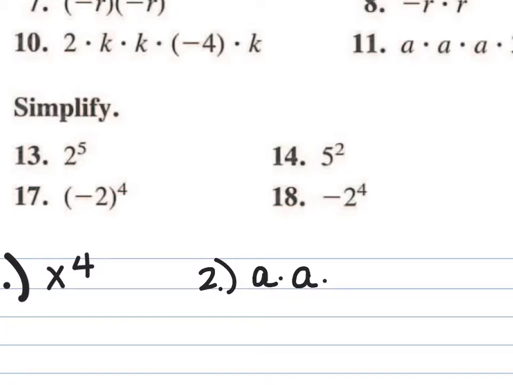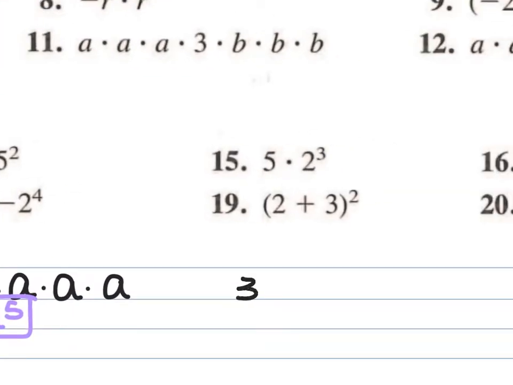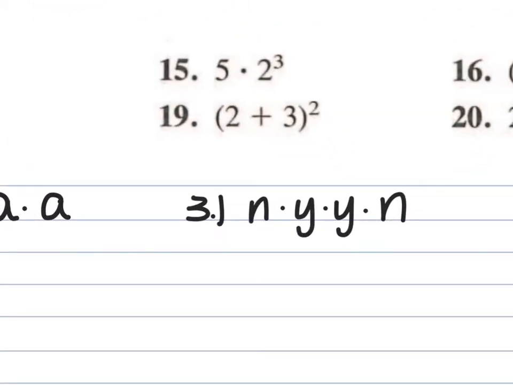So 1, 2, 3, 4, 5. This is going to be a to the 5th power. For 3, we have n times y times y times n. So with these, you want to put them in alphabetical order, so it's going to be n squared y squared.